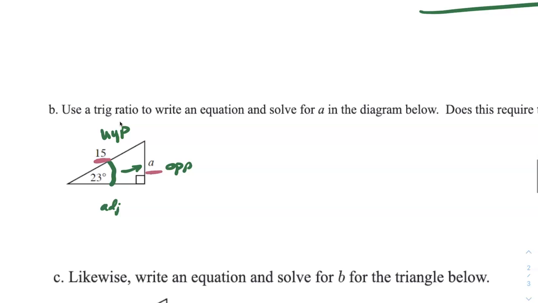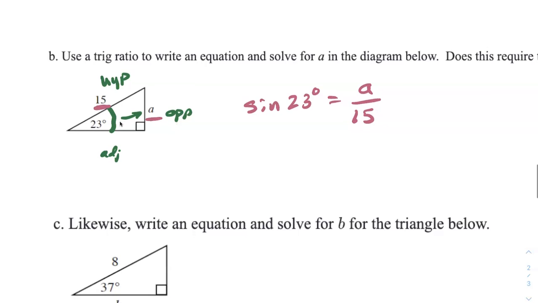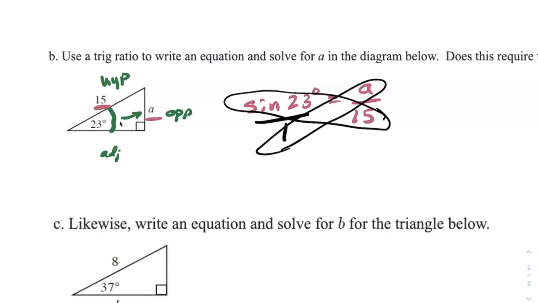So I'm going to set up sine of the angle equals opposite over hypotenuse. Just like we do with tan, but now we're going to do it with sine. And now we just got to solve it. So how do we solve this? Put over 1, cross multiply. A equals 15 times sine of 23.